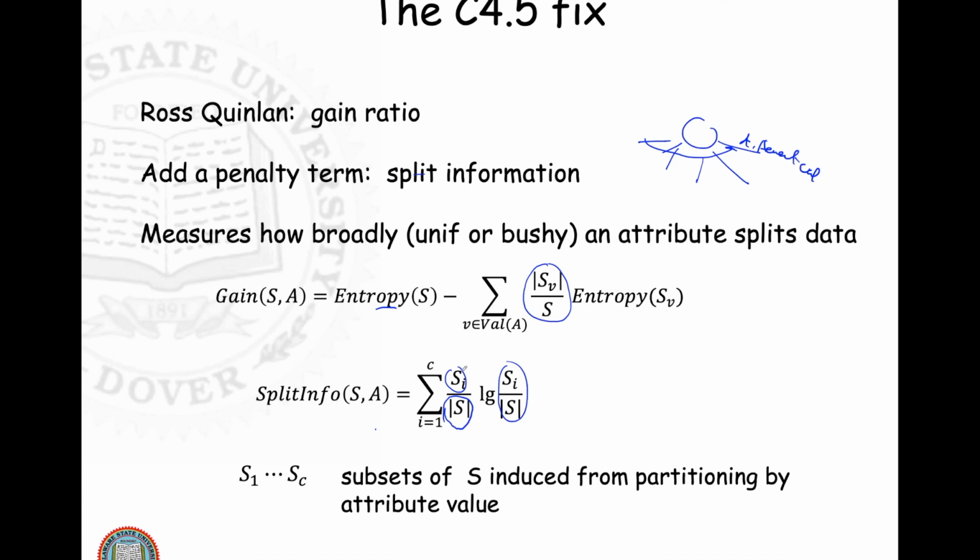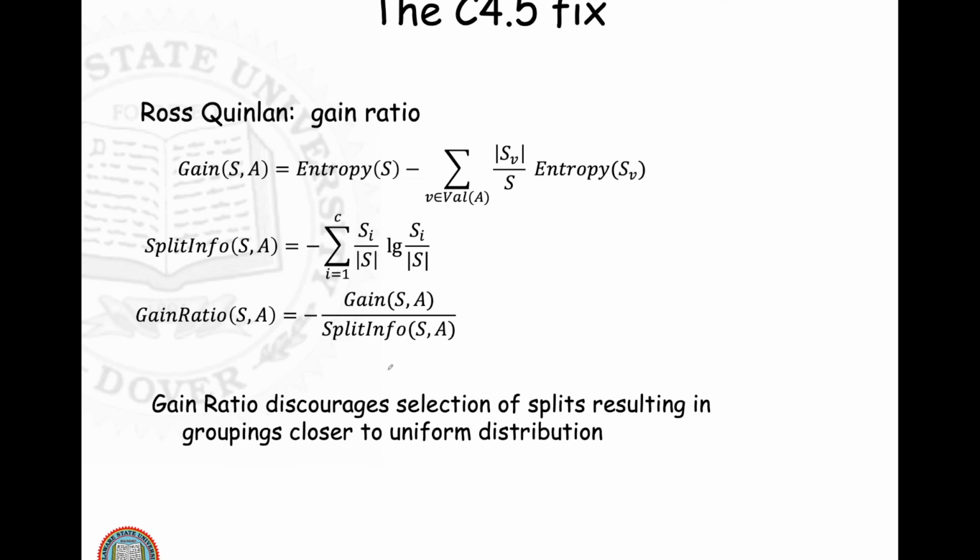And so the split information, Quinlan came along and he said, okay, I'm going to pose this thing called gain ratio. And gain ratio takes my information gain, the reduction in the number of bits needed, and I'm going to normalize that by the bushiness.